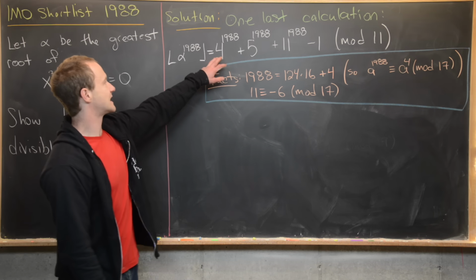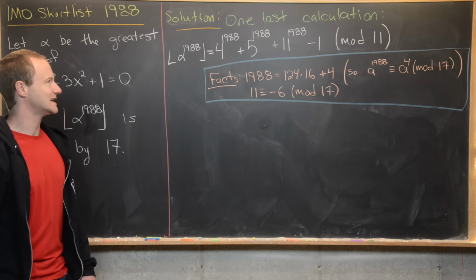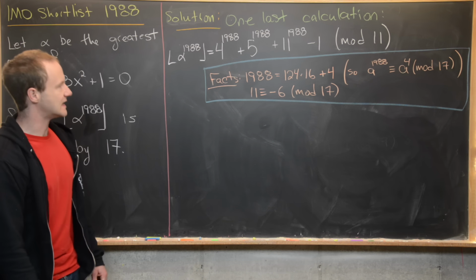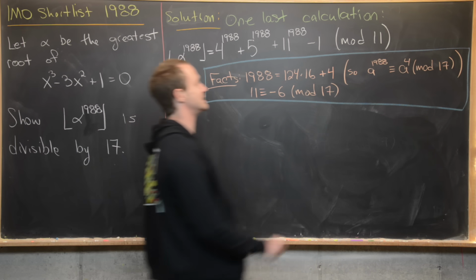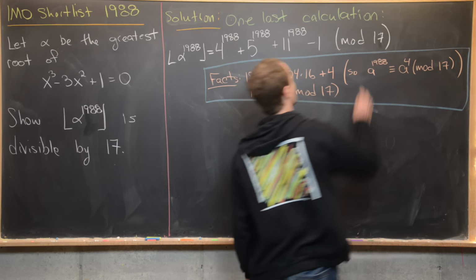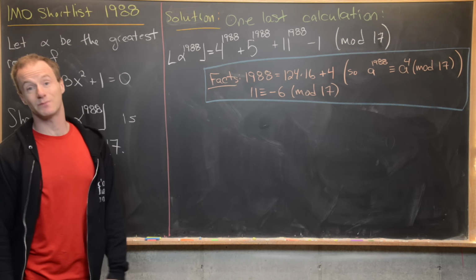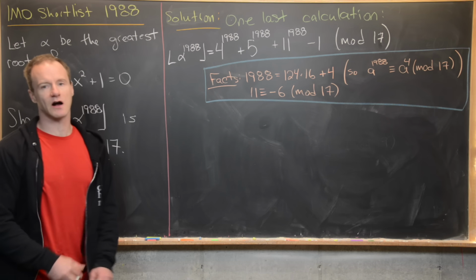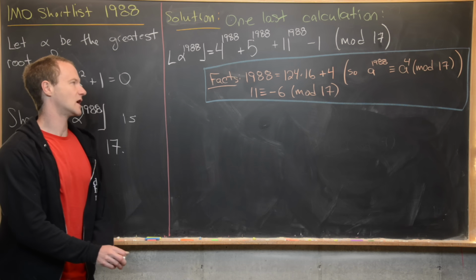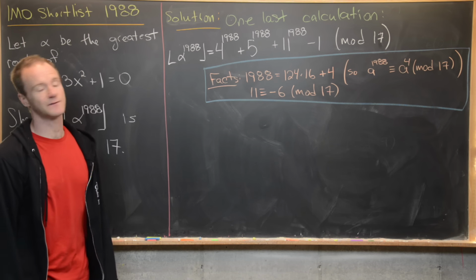And that is, we need to calculate 4 to the 1998 plus 5 to the 1998 plus 11 to the 1998 minus 1 mod 17. So we're going to use two fairly simple facts in order to do that quickly. And one is, by the division algorithm, we can write 1998 as 124 times 16 plus 4.